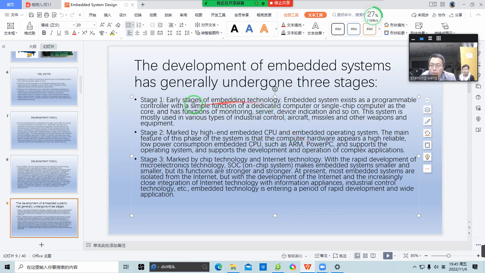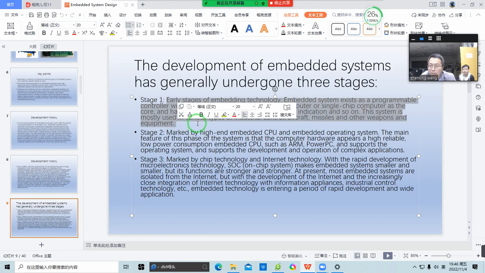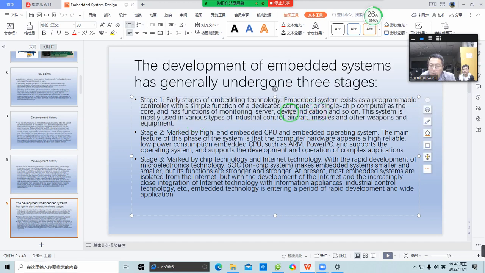In the past, in this stage, we used, for example, AVR single-chip processors, MCS-51, and some Z80. But nowadays, we adopt ARM. ARM is more complex than the single-chip microcomputer.